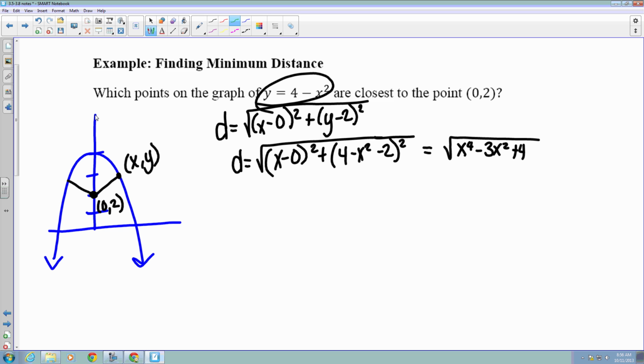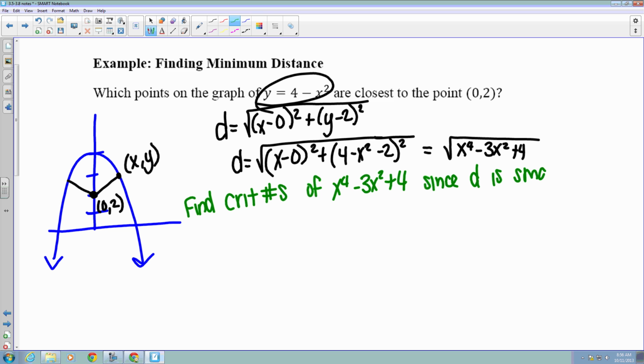So we need to find the critical numbers of the distance. Well, we're going to find the critical numbers of the inside, because our distance is going to be the smallest when the inside of our square root is the smallest.